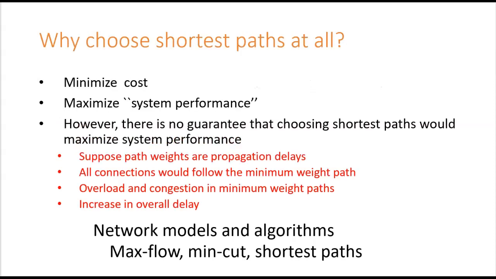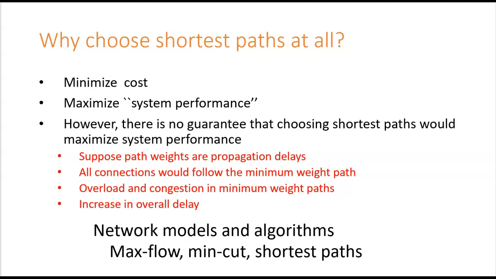So why choose the shortest path at all? Partly, the shortest path will often help us minimize costs. Think of a trucking route where you have deliveries, and you would want the shortest possible route. I think, though I'm not sure, one of the companies like FedEx or UPS set up their routes to maximize right turns.